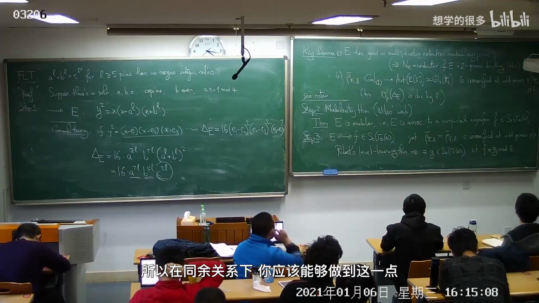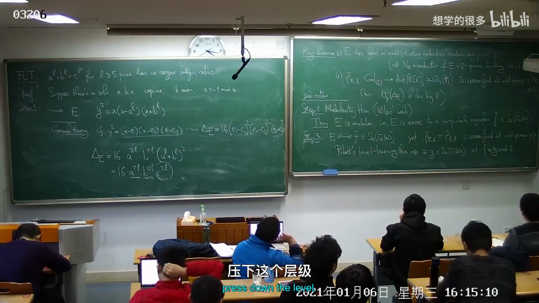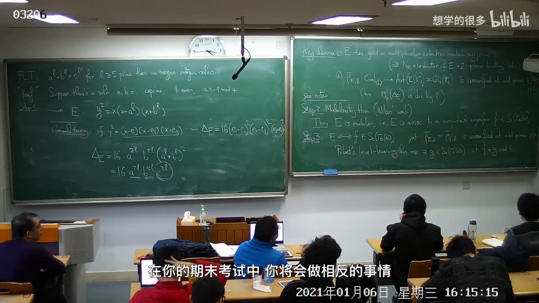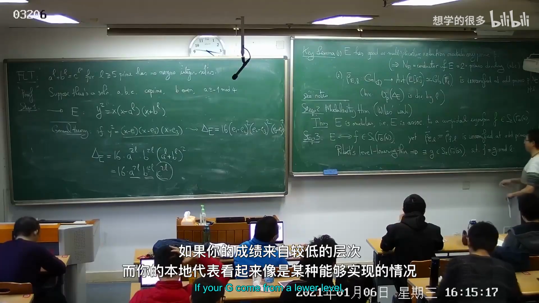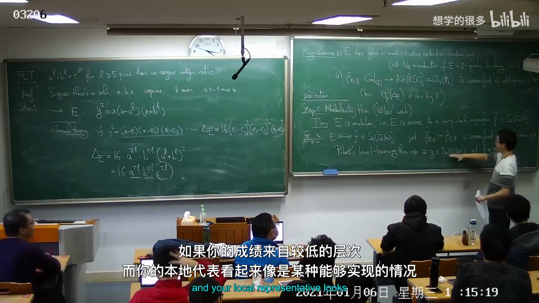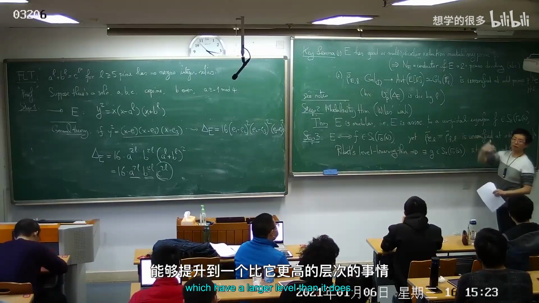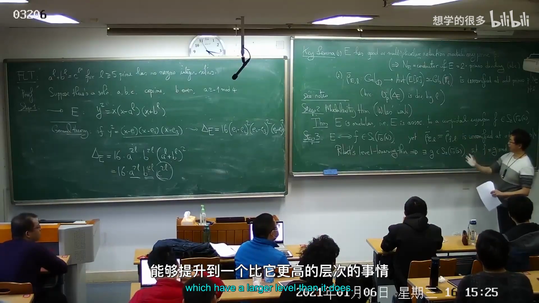Under congruence, you should be able to press down the level. So it's called level lowering. And in your final exam, you're going to do the opposite. If your G comes from a lower level, and your local representation looks like something that might lift to a larger level, then it does.